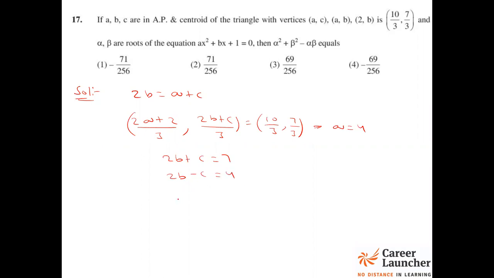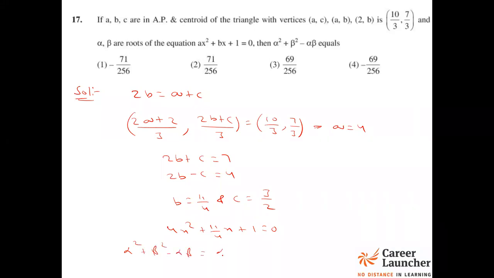Solving these two equations, we get b is equal to 11 by 4 and c is equal to 3 by 2. So the quadratic equation becomes 4x square plus 11 by 4 x plus 1 is equal to 0.